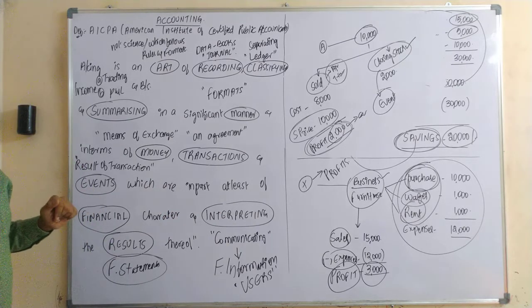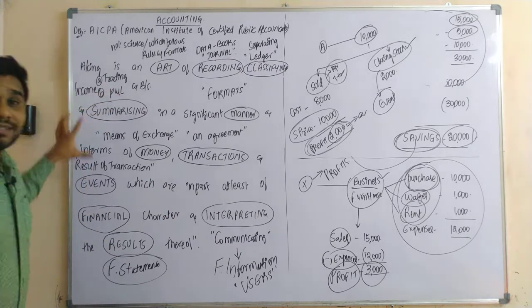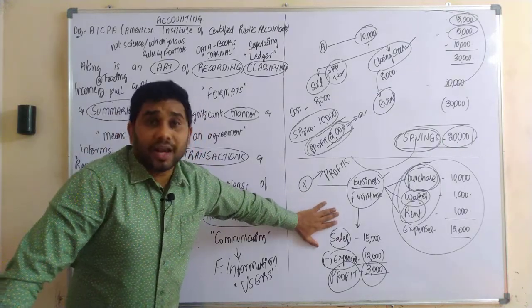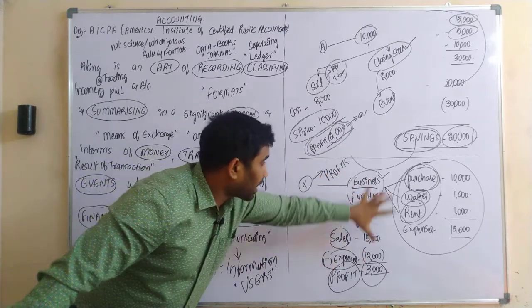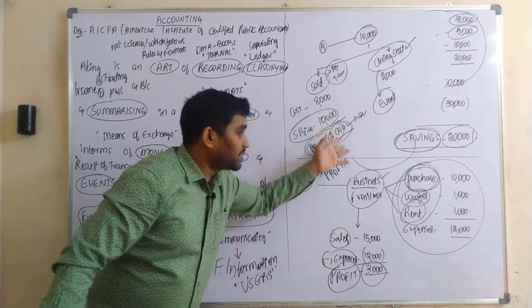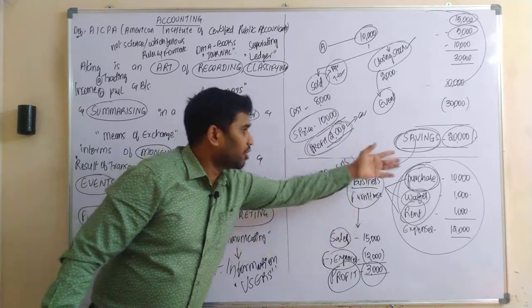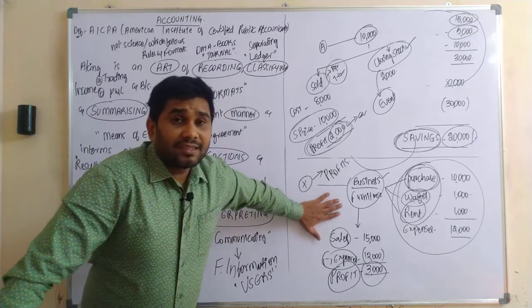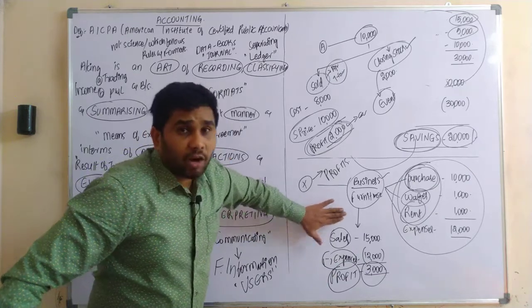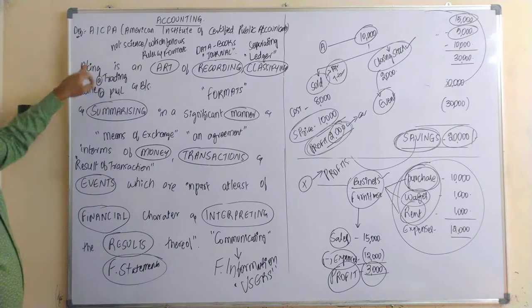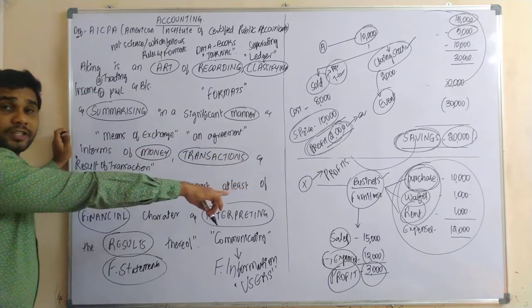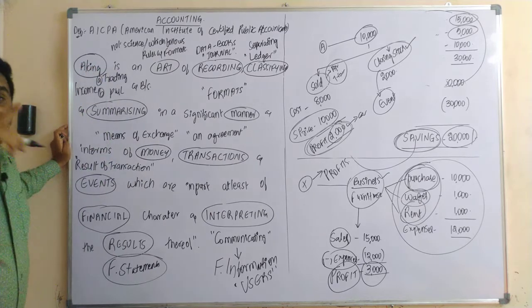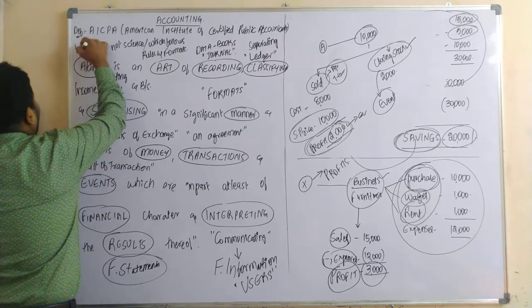Now, let us understand. The information of the company or of an organization is nothing but your transactions, your business, your profit, your sales, your income and expenses.